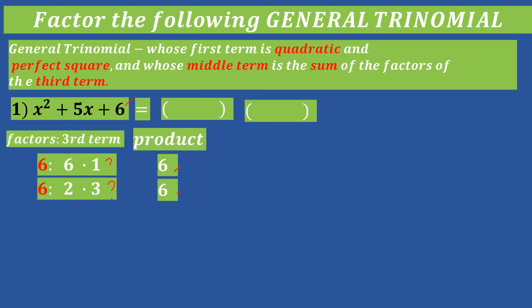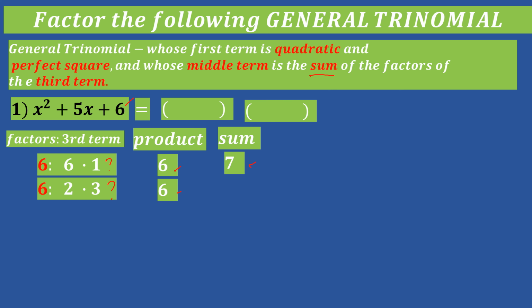Therefore, we need to get the sum because it is being said that the middle term is the sum of the factors of the third term. So what is the sum for the first set? Our first set is 6 times 1. Its sum is 7.